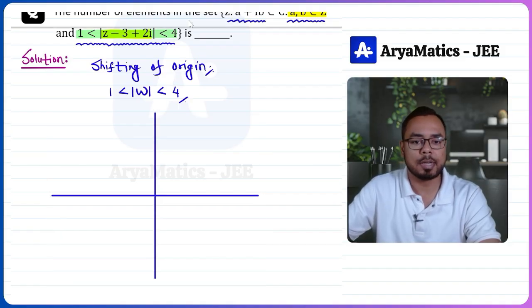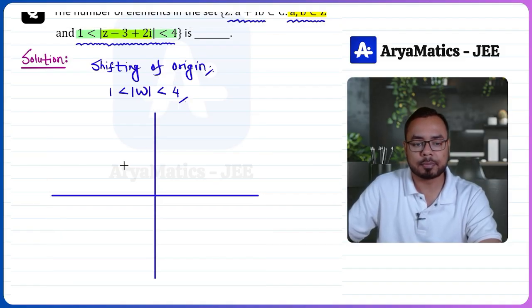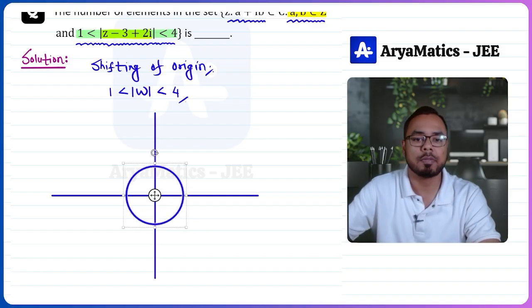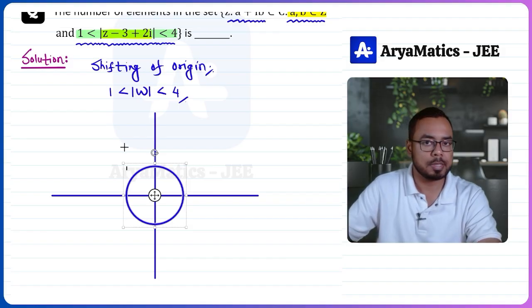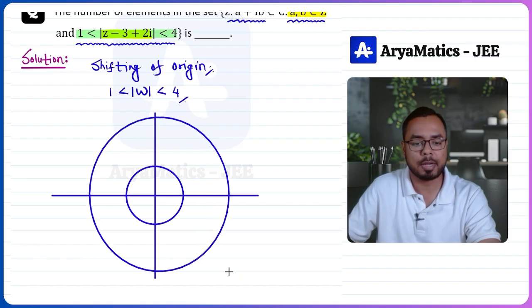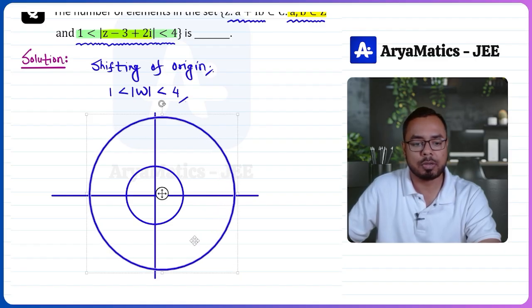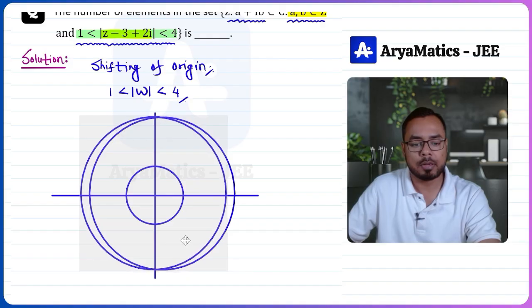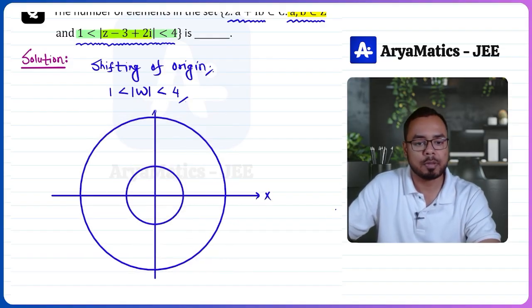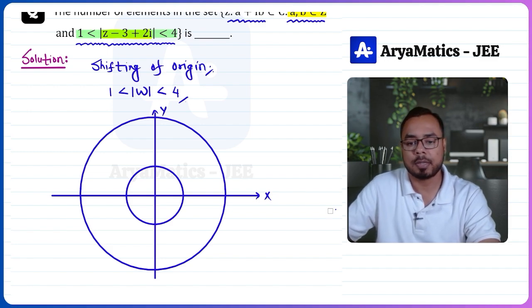So one circle, center at origin and radius 1 unit. That will be a smaller circle. Let us say this is the first one. And the other one will be a circle with center at the same point, origin, but the radius is 4 units. So this will be a slightly bigger circle. Let us say this is the second circle. This one is the real axis or the x-axis, and this one is the imaginary axis.